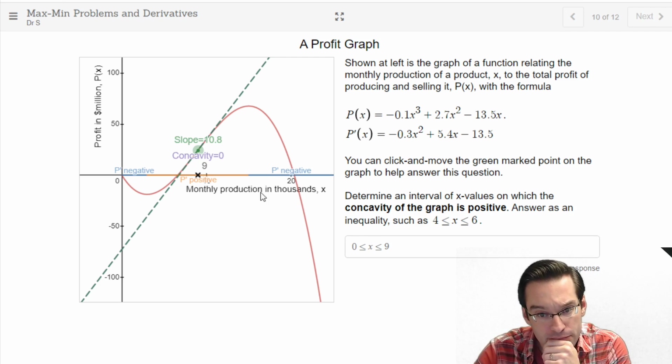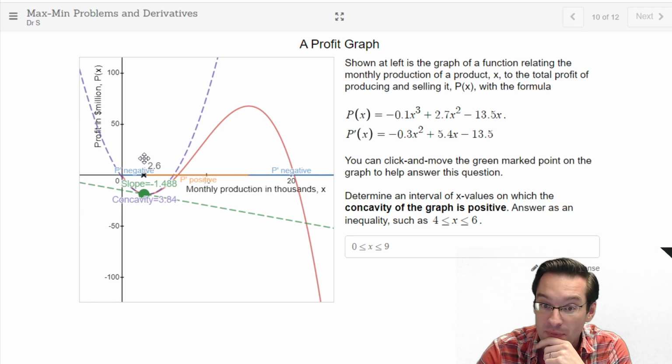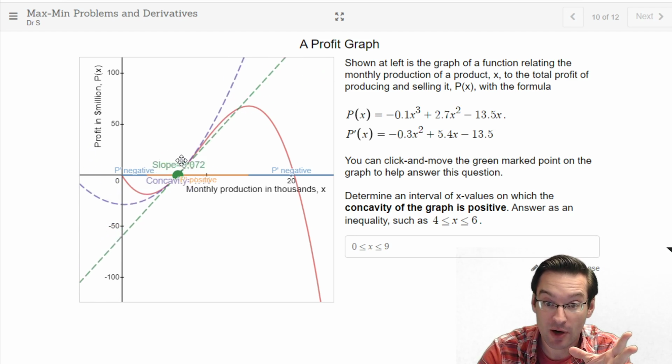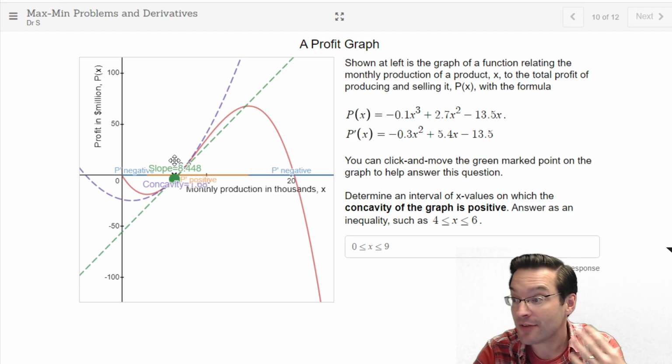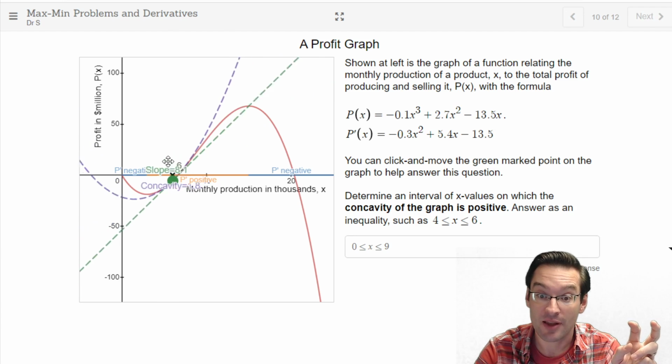So how would we say, well, I guess this is just a definition. We will say that whenever the tangent parabola to a graph is opening upwards, whenever our concavity is positive, we say that the graph of the original function, the red curve, is concave up over here on the left side of the graph.